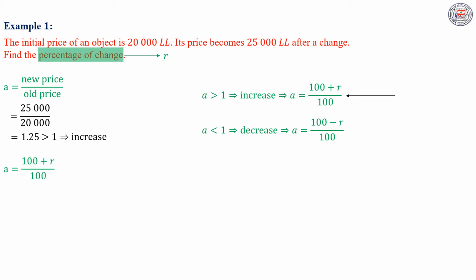If A is equal to 100 plus R over 100 and A is equal to 1.25, then 1.25 equals 100 plus R over 100. If we make a cross multiplication, then 100 plus R equals 125. Then R is equal to 125 minus 100. Therefore, R is equal to 25%.